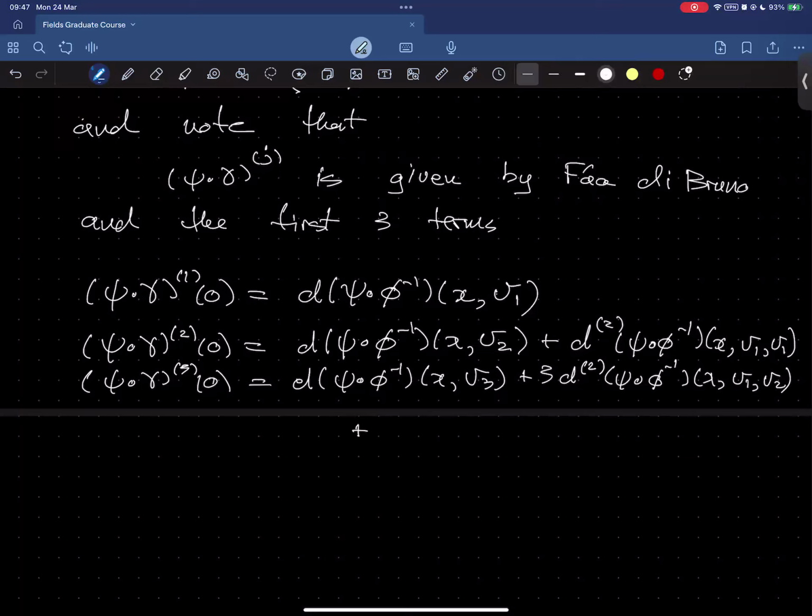And then d3 psi composed with phi inverse of x, sorry, x comma v1, v1, v1. Okay, and all of this is just Faà di Bruno.